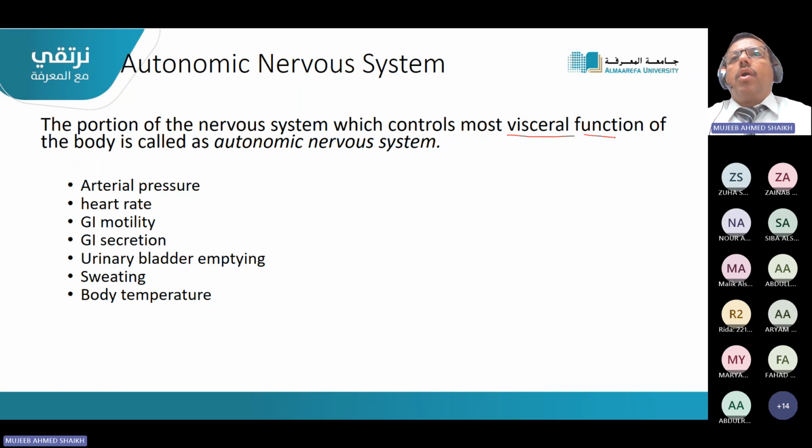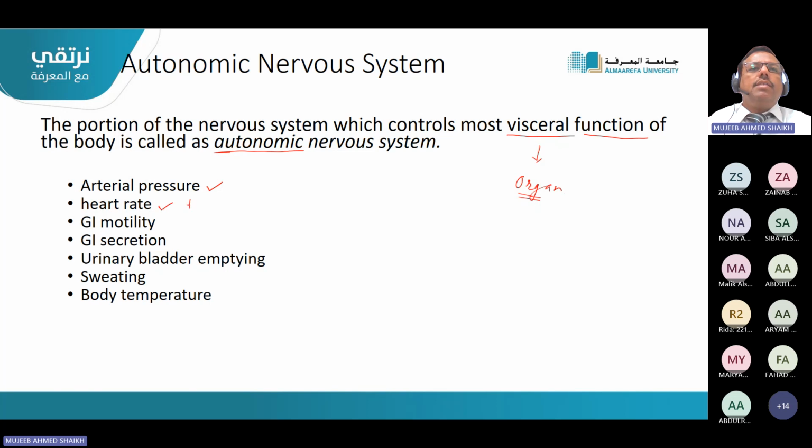Viscera means organs, so visceral activity means the activities of the organs, such as the gastrointestinal organs, the heart, or the lungs. These organs perform very vital functions for our body, and they are not under our voluntary control but under automatic control, by the autonomic nervous system. Examples are regulation of blood pressure and regulation of heart rate.